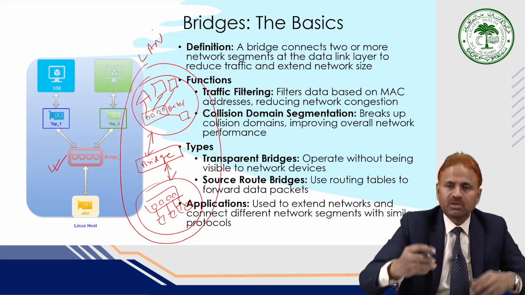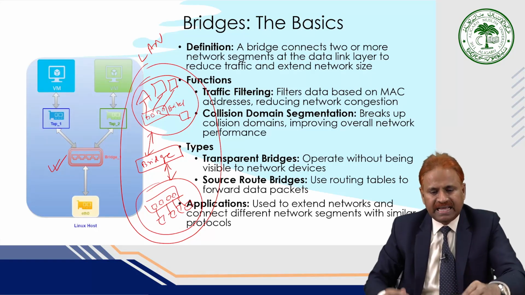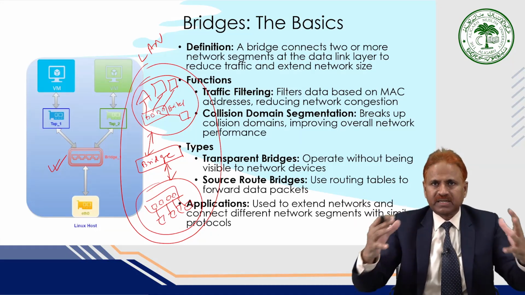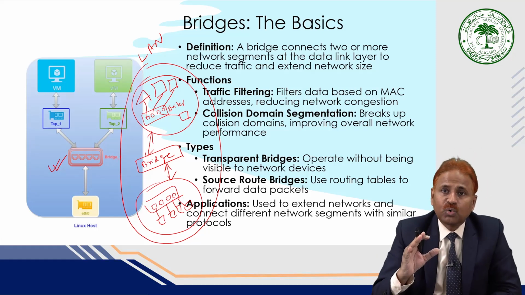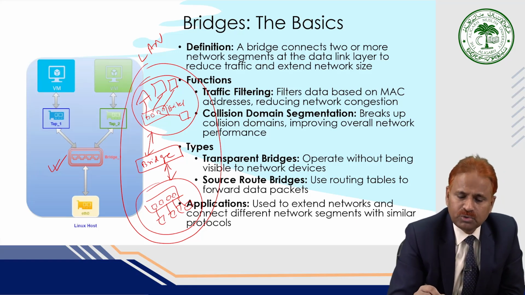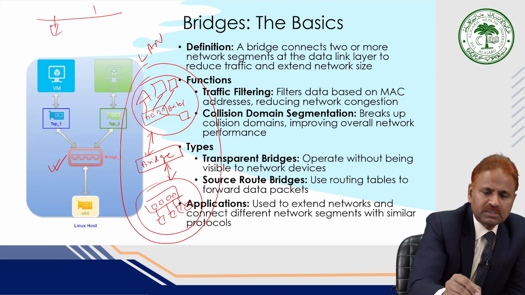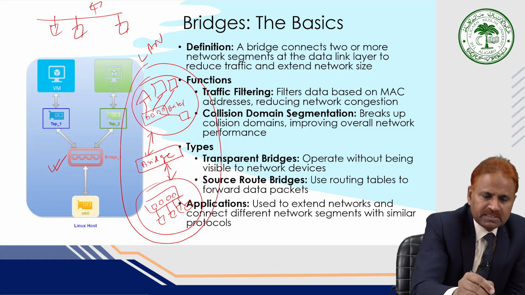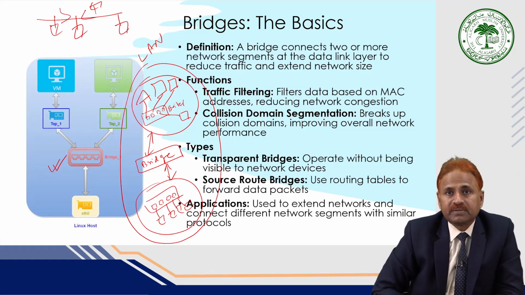Instead of two, when you connect these two local area networks with the help of a bridge, it becomes a single LAN. It starts working as one, but the important thing is that they have different collision domains. Collision domain means, if two computers start communicating, as I have already told you in the bus topology, if two computers start communicating simultaneously, the signals will collide with each other and get corrupted.